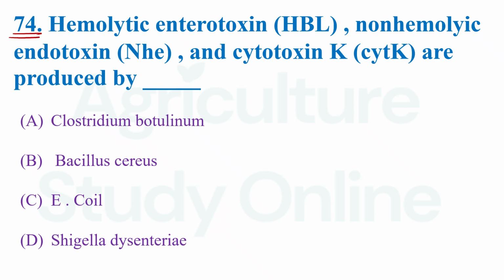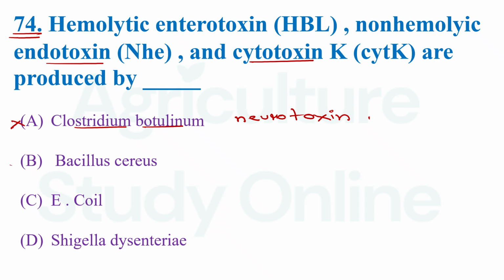Question 74. Hemolytic enterotoxin, non-hemolytic enterotoxin and cytotoxin K are produced by. First one is Clostridium botulinum. So it produces botulinum toxin, that is a neurotoxin, so this will not be the correct option. Next, Bacillus cereus.